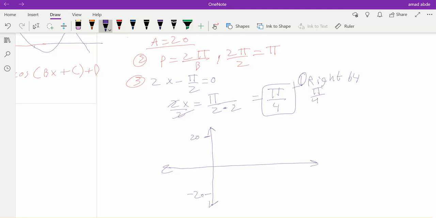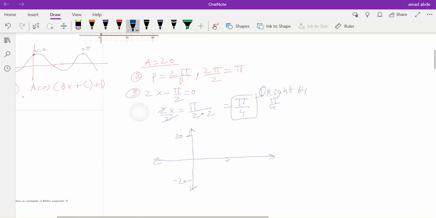And we know it's going to be shifted right by pi over 4. Let's use the cosine graph for reference. Graphing this to exact scale isn't going to be easy, but I'll do my best.